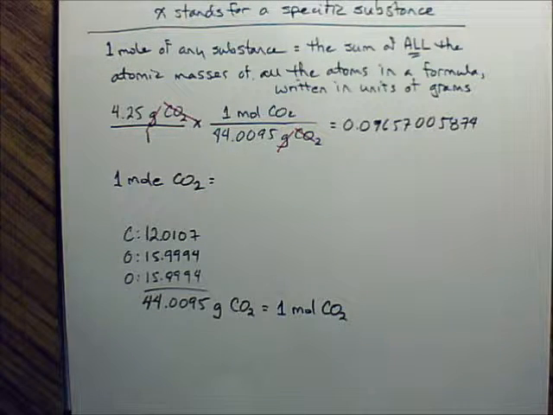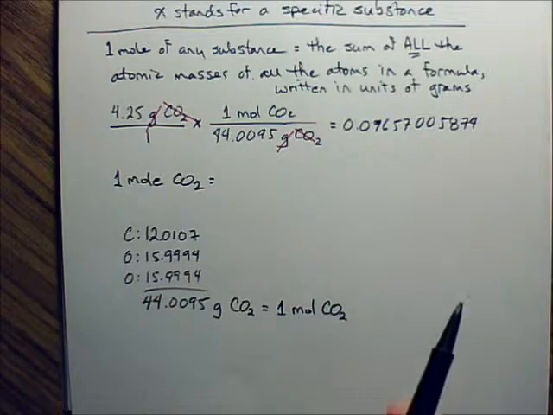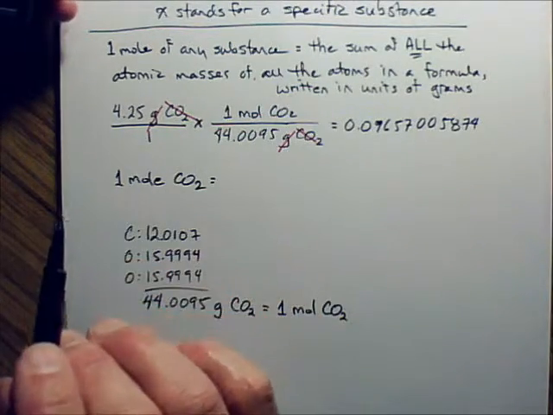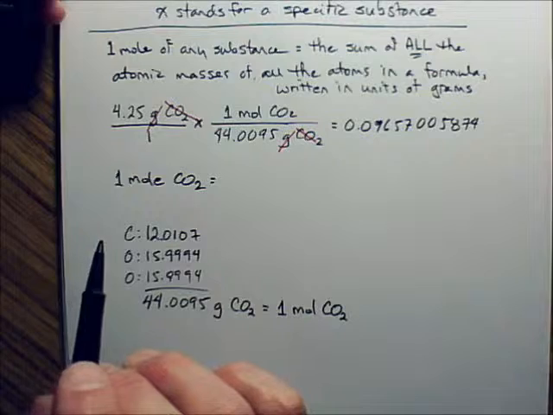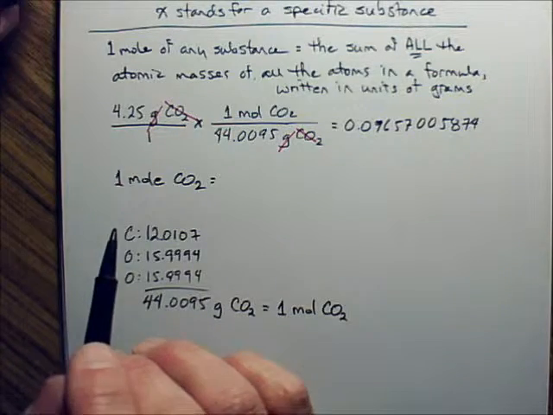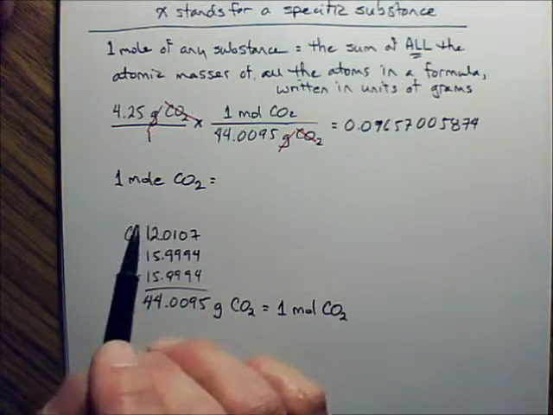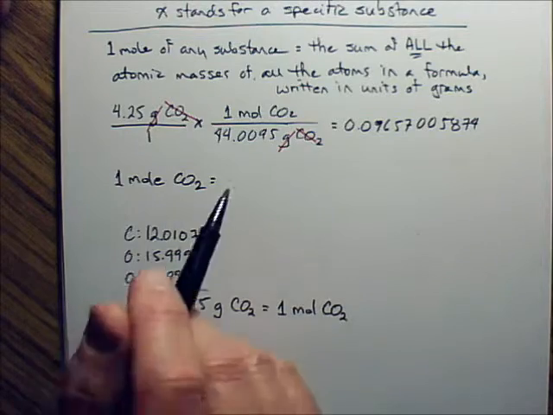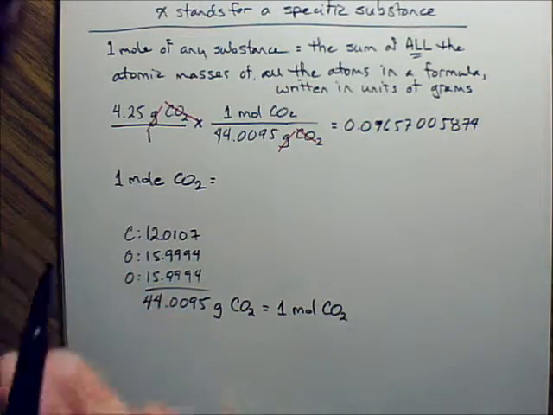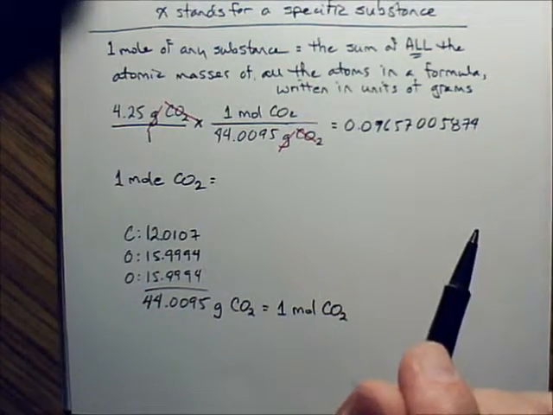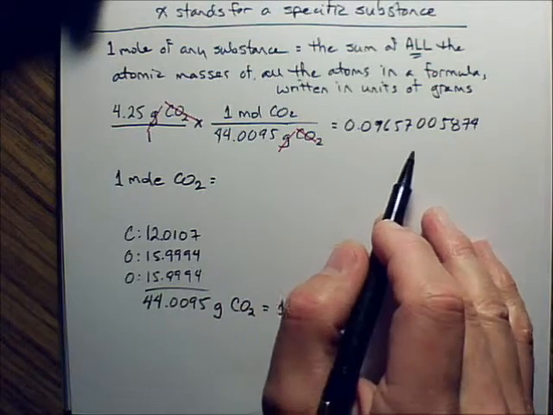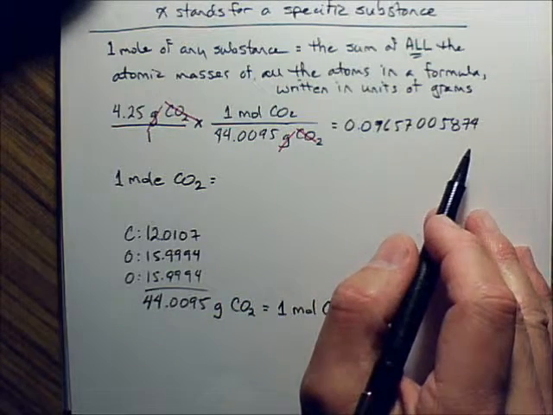Yes, Scott. Like on the test, different sections for these kinds of problems. How do we know when to put the 6.02 times 10 to the 23? That's a good question. You know by what the problem asks you for. You know when to do this as opposed to the other process by what the problem asks you for. Would it be okay to put 9.657005874 times 10 to the negative 2?